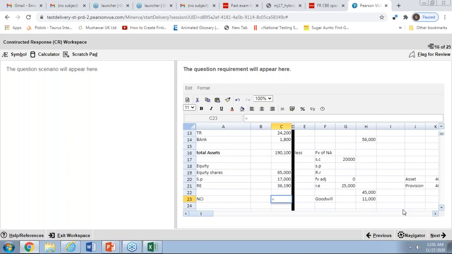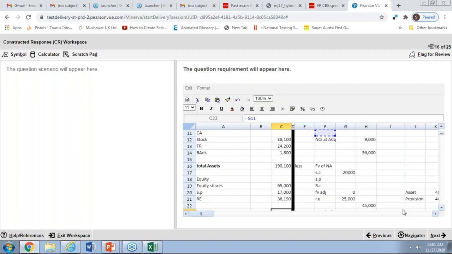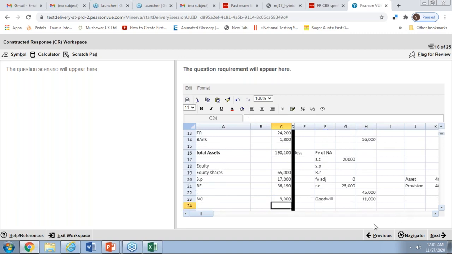Now working on NCI. NCI will start from the NCI at acquisition, which is 9,000, plus 2,000 into 25%, minus 200 into 25%.